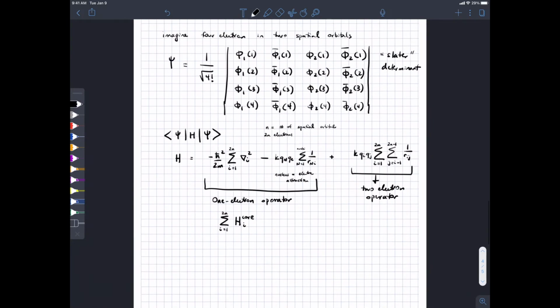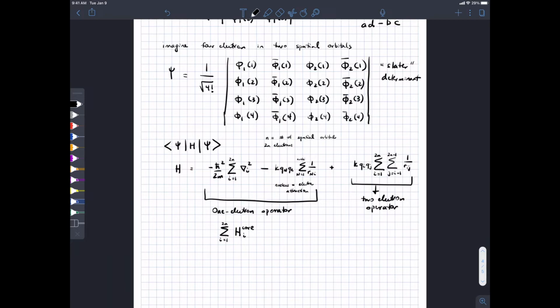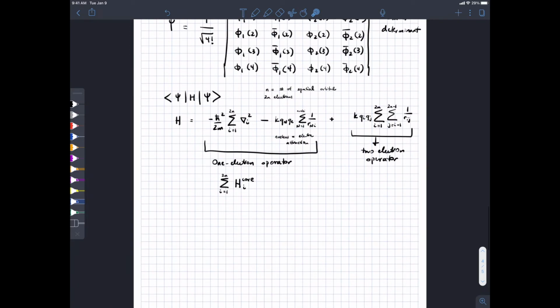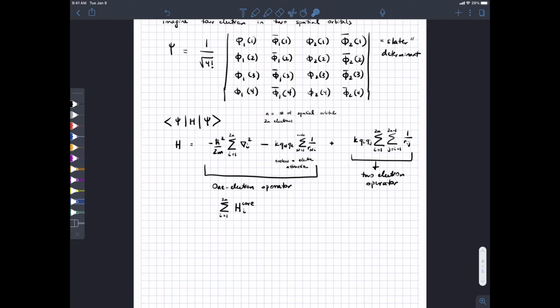Okay, so if you take this wave function and then apply the operator to it, you're going to get out a set of 2n different equations, where n is the number of spatial orbitals we have, and 2n is the number of electrons.